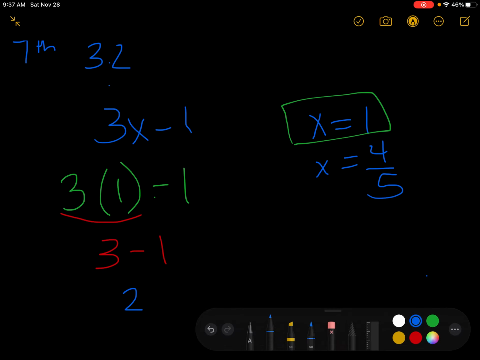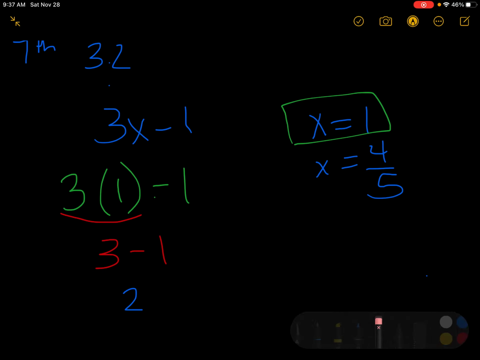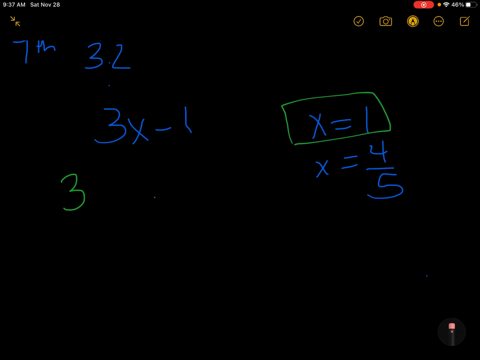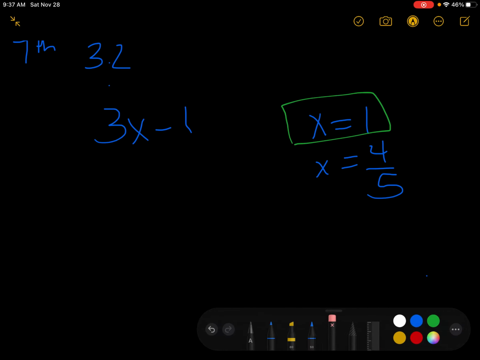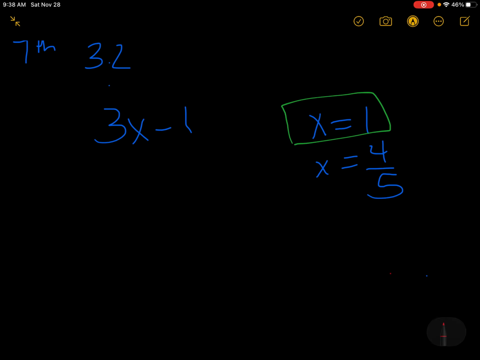Let's look at the second one here. We're going to be substituting, instead of a 1, we would substitute in a 4 over 5. This is going to be the red boxed problem here.